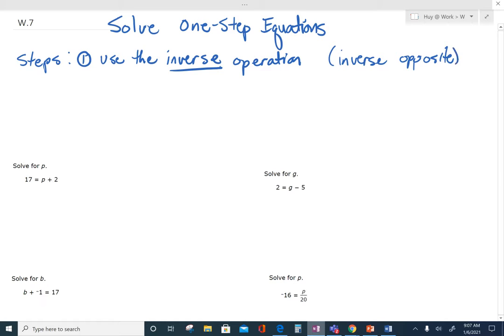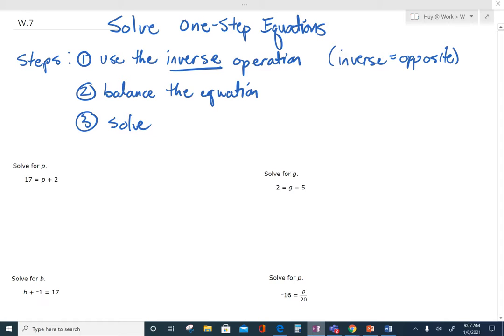Inverse means the opposite. And then we need to balance the equation. And then finally, we just solve it, all right?